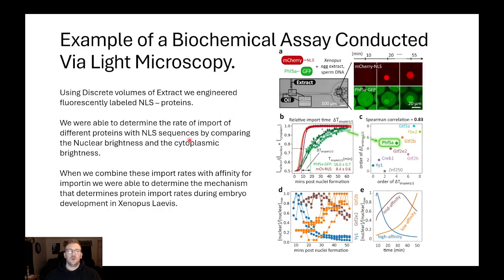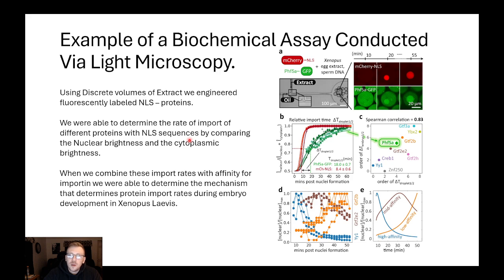So I wanted to leave you with an actual piece of data that was generated using quantitative microscopy. This is a study that we published in collaboration with Tao Wen and Martin Wühr from Princeton University. And we were interested in the temporal entry of NLS-tagged peptides into the nucleus during embryogenesis.